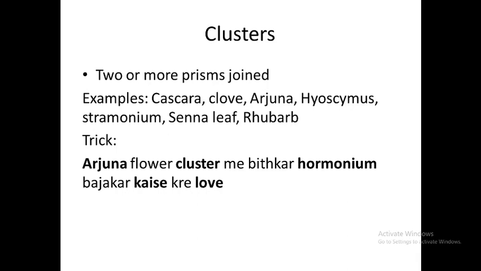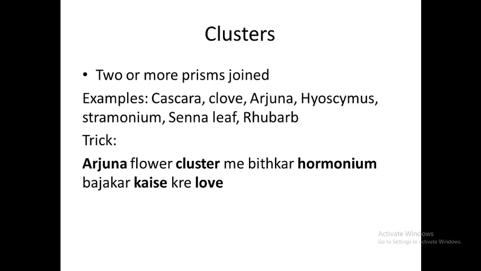How will you remember? Arjuna flower cluster में बैठकर हारमोनियम बजाकर कैसे करेला वो. So here Krishna is asking Arjuna how to make love by simply sitting in a flower cluster and simply using the harmonium. So Arjuna indicates the Arjuna plant, cluster indicates the cluster-shaped calcium oxalate crystal.